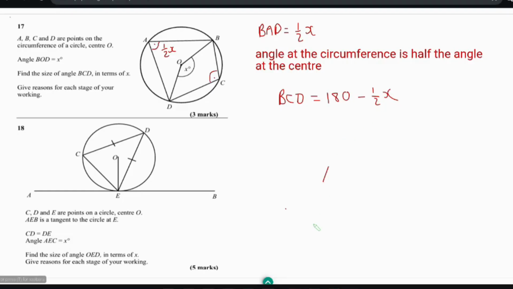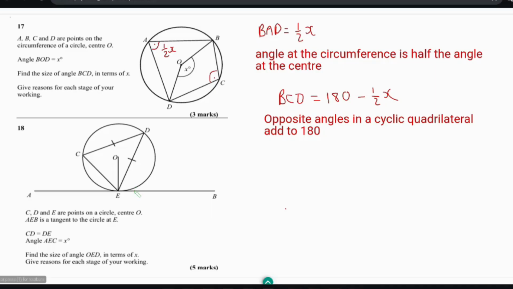And your reason for that one is opposite angles in a cyclic quadrilateral add to 180.